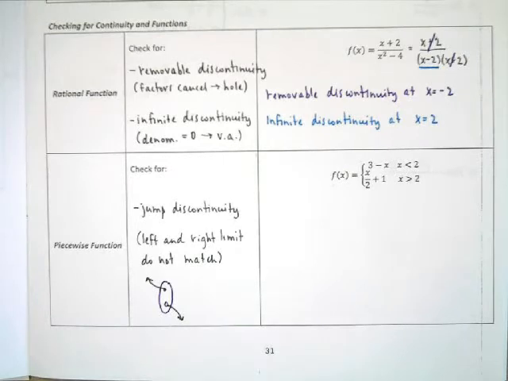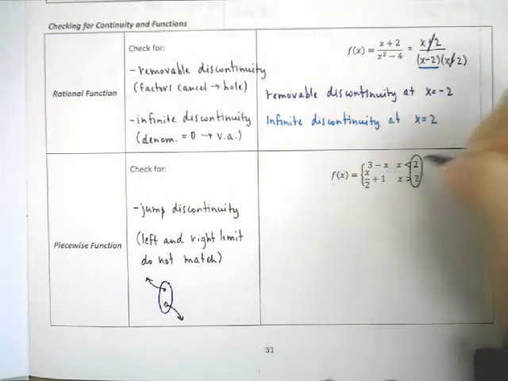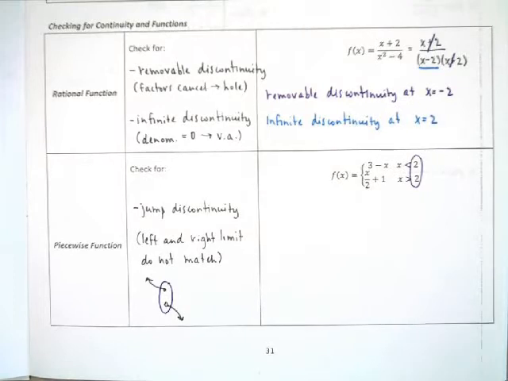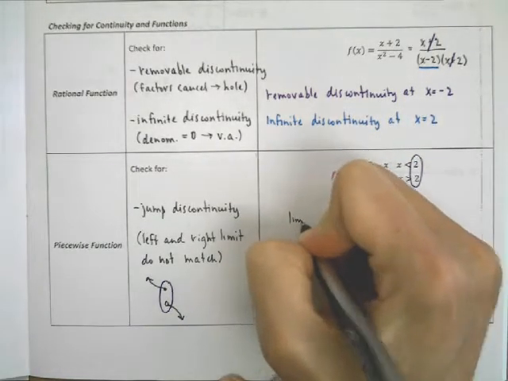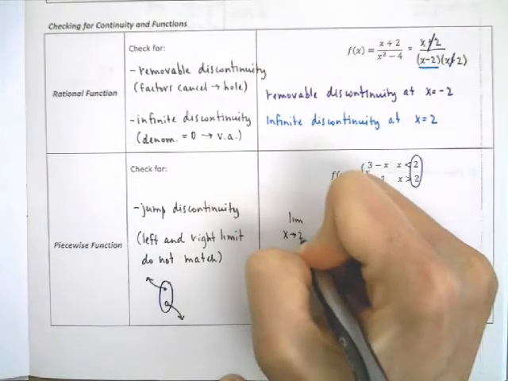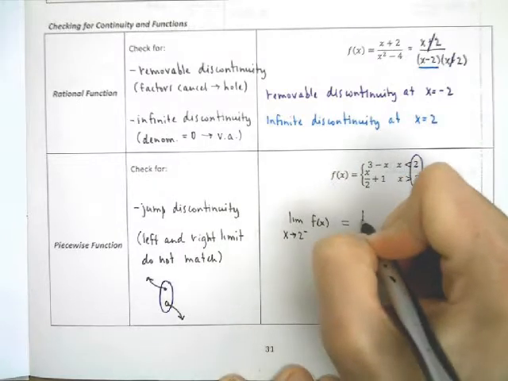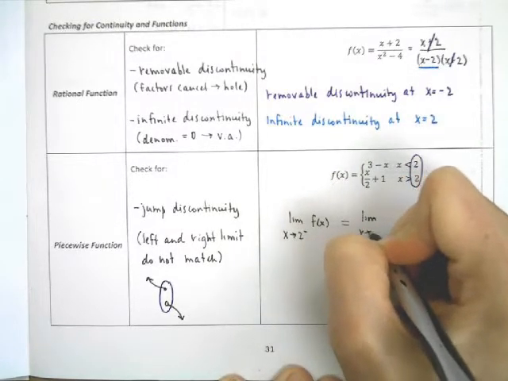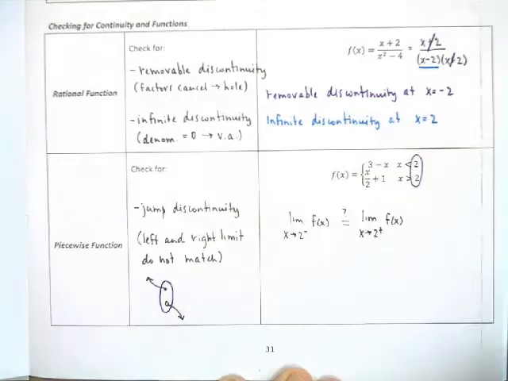So let's look at the piecewise defined function that I have here. We want to consider, obviously, since this function kind of breaks at 2, we want to see what's happening in terms of limits around that value. So I know I need to check, is the limit as x approaches 2 from the left of f of x equal to the limit as x approaches 2 from the right of f of x?